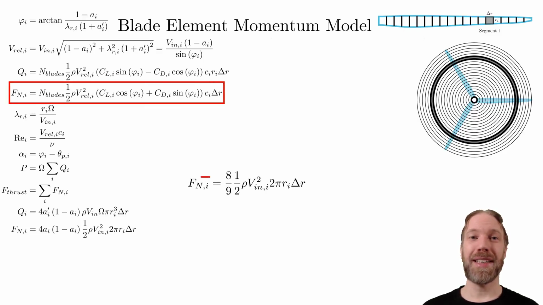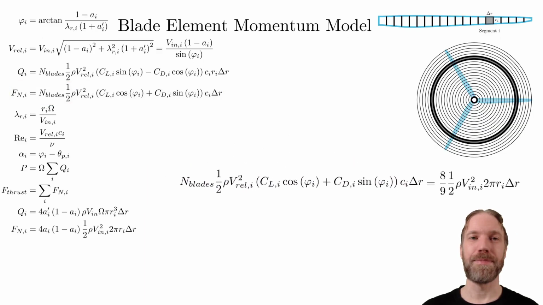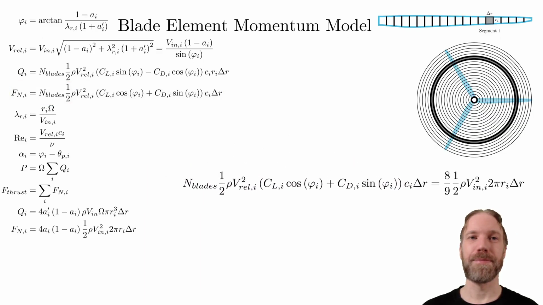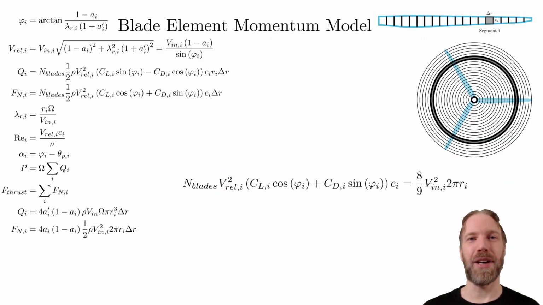The key element in the blade element momentum model is that we set the thrust from the momentum theory equal to the thrust from the blade element theory. All these cancel. Note especially that delta r cancels. This would have happened even if we would have divided the area into azimuthal segments as well. Hence, the expression after would be the same independent of how we create our segments.